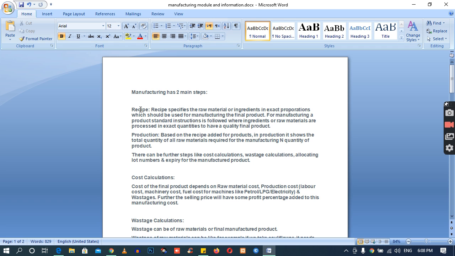If we are making a production of 10 computers, then we need 10 SSD drives, 10 RAMs, 10 screens, 10 keyboards, 10 mouses. So these are all ingredients of a computer, and we make a recipe called a computer.